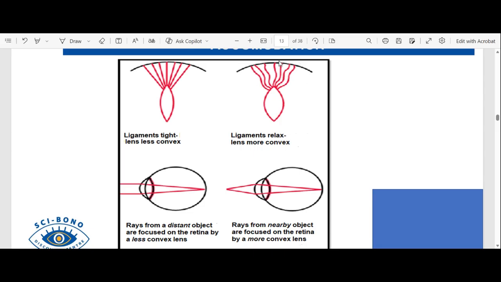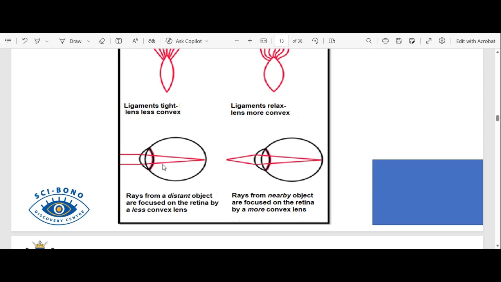But when it comes to an object that is less than 6 meters, your suspensory ligaments loosen or slacken, right? And when they slacken, they cause your lens to become more convex. And when your lens becomes more convex, it increases its refractive power. So the refractive power, or the bending power, of the lens increases, right?